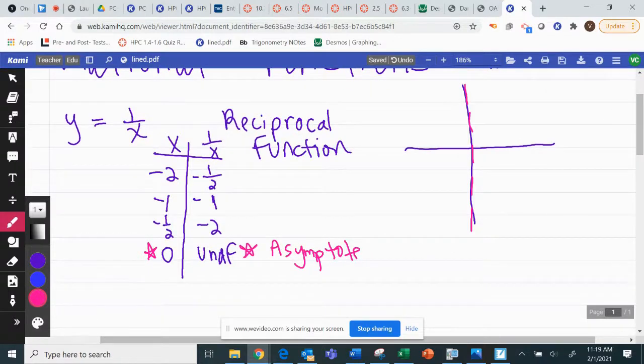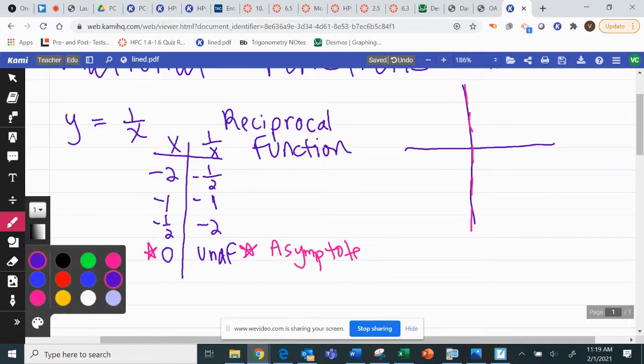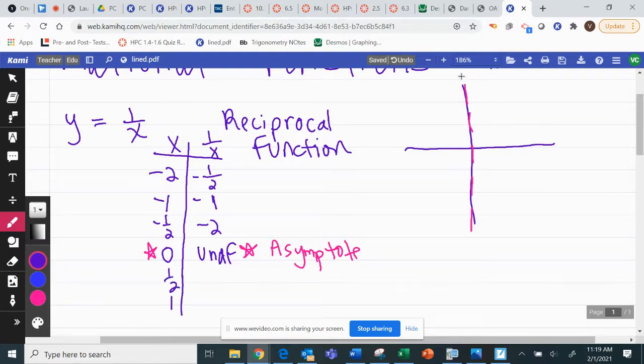It means the graph is going to get closer and closer and closer to that line, but not past it. And then I kept going. I did +1/2. I did +1. I did +2. And those would be 2, 1, and then 1/2.